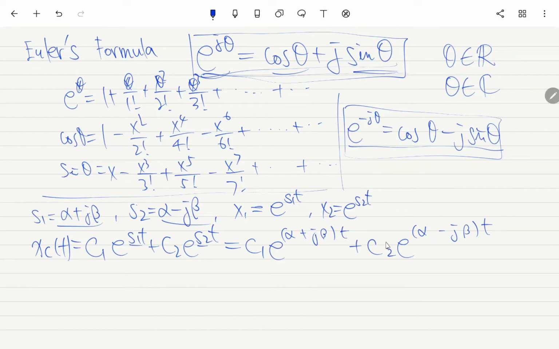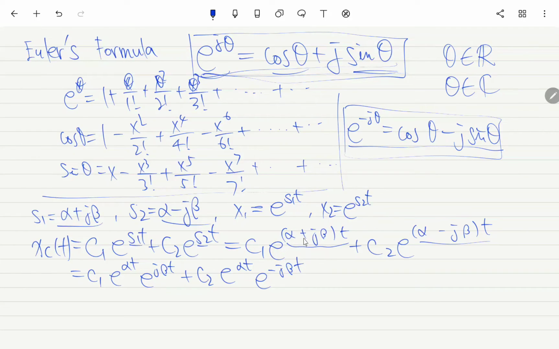Okay, so we have an exponential of a sum or an exponential of a difference. So we have c1 exponential of alpha t times exponential of j beta t, plus c2 exponential of alpha t times exponential of negative j beta t.